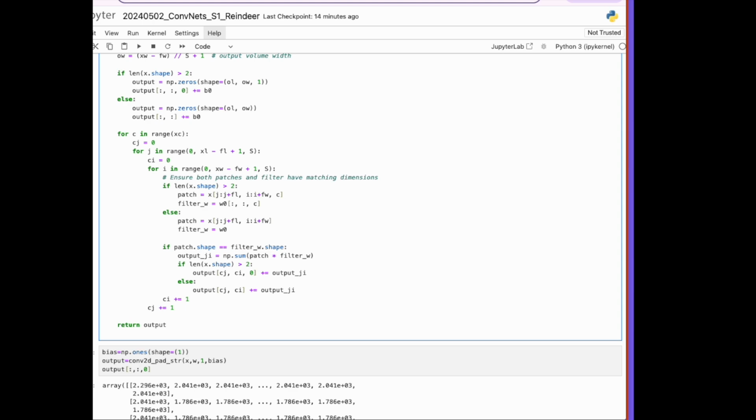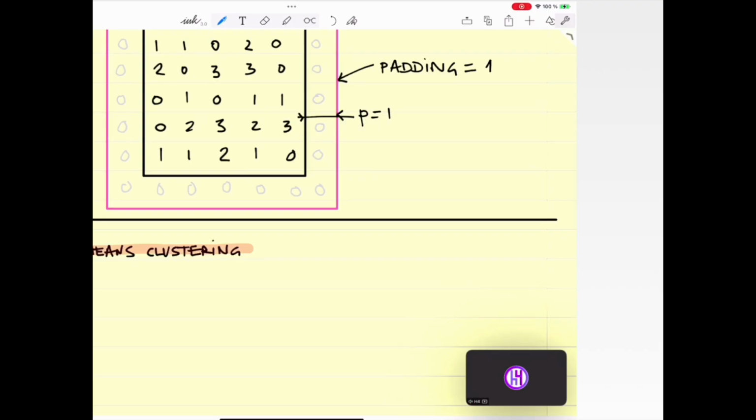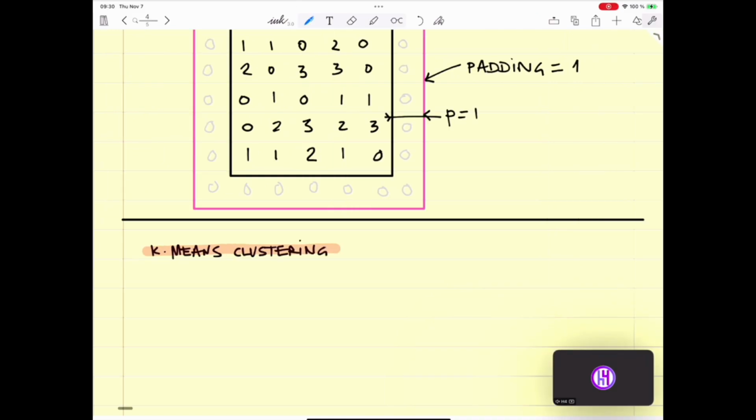Okay, we continue now with the K-means clustering algorithm, which is a clustering algorithm. So it builds groups out of data.